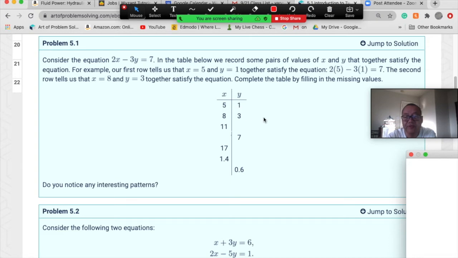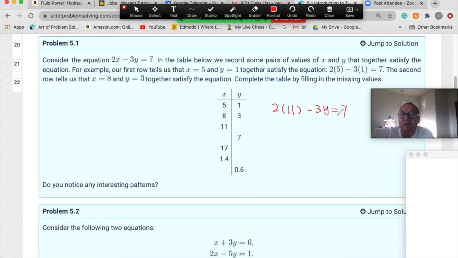Okay. Say you plug in x equals 11. Now that will be 2 times 11 minus 3 times y, and this gives you 7. So then you try to solve this one.